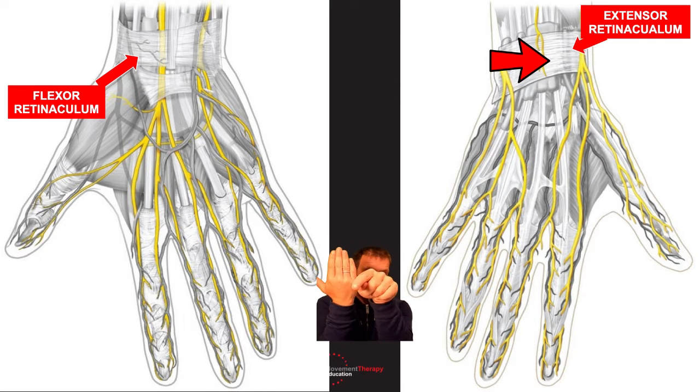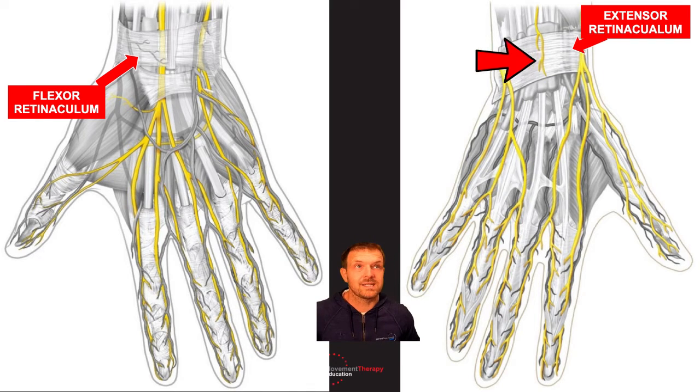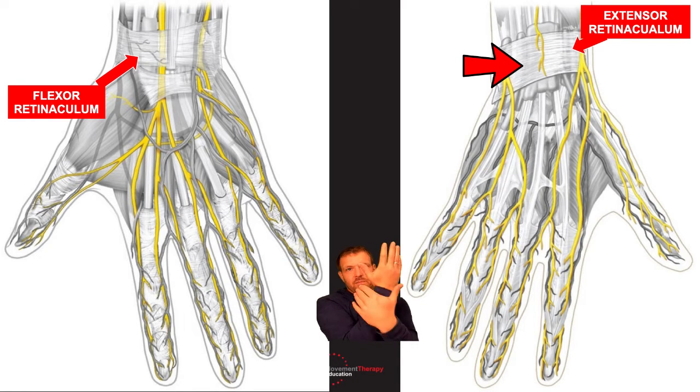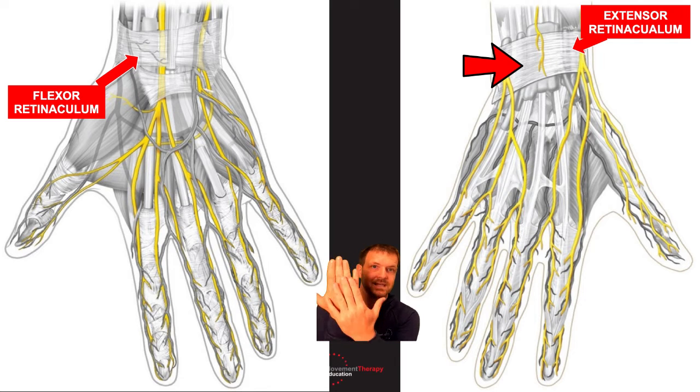Bringing the fingers straight is into extension. Bringing the fingers bent is into flexion. So we've got flexion, folding forward, and then extension, nice and straight. That's why this is called the extensor retinacula, because it covers the extensor tendons.